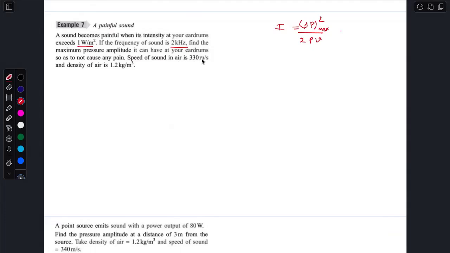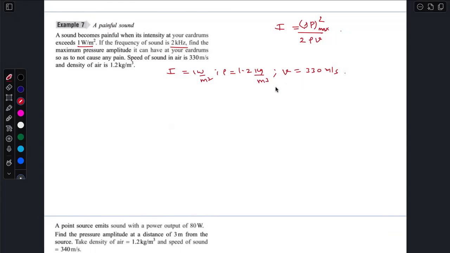Speed they have given, density they have given. Direct substitution. I given 1 watt per meter square, rho given 1.2 kg per meter cube, v given 330 meter per second. Rho is required. Frequency not. That's all. Substitutions.